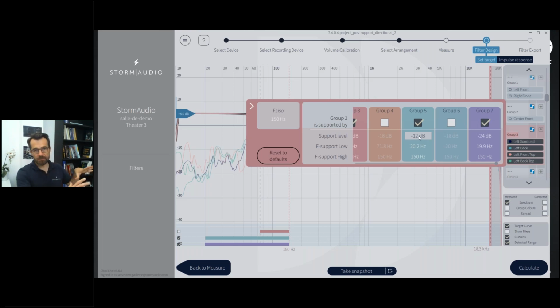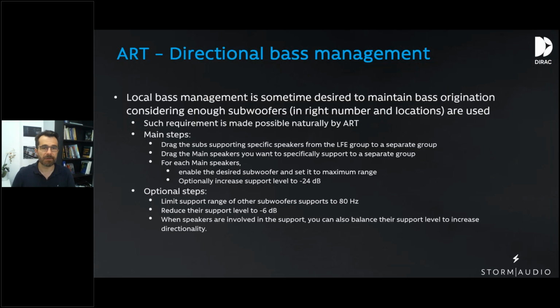That will balance more energy to the side subwoofer and the side speakers. So these are the latest parameters described here.